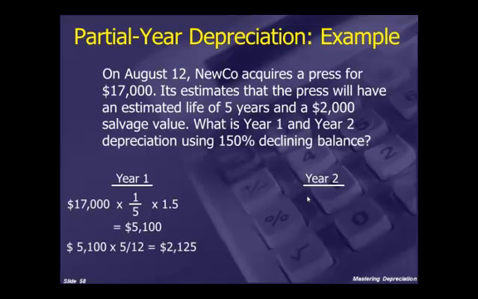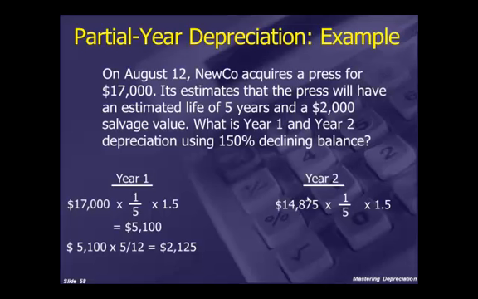Now, we need to prorate that because it was acquired on August 12th. August 12th is within the first 15 days of the month of August. So you count August, September, October, November, December. That's 5 months out of 12. So multiply the 5,100 times 5/12, and that's $2,125.